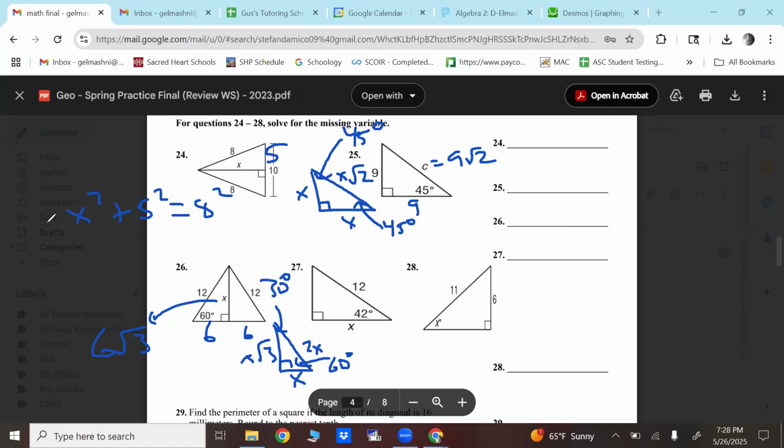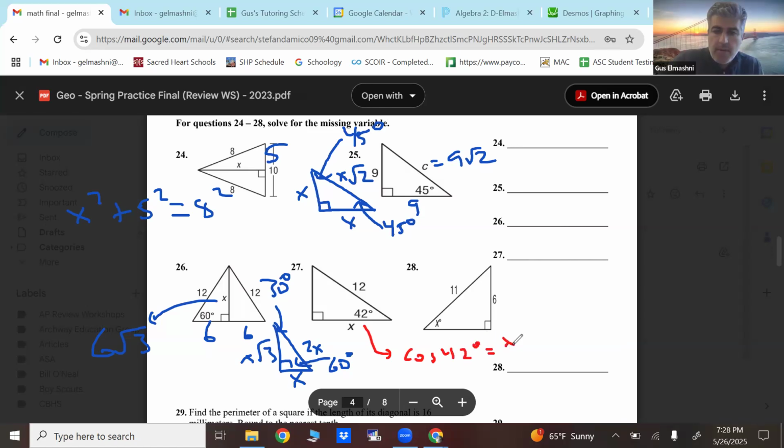Again, if you have this here, now for 27, you can say cosine 42 degrees equals x over 12.